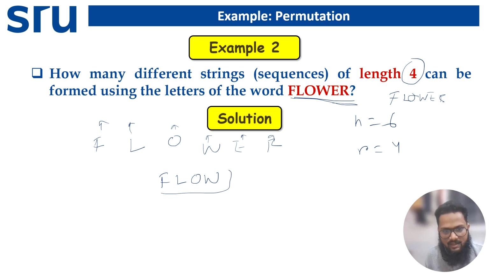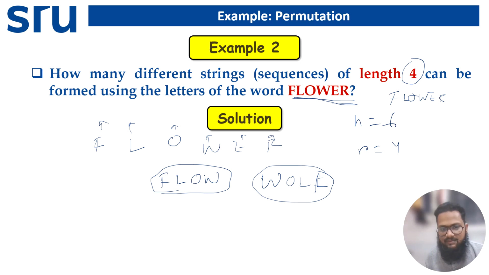This is one kind of string of length 4. Now with the same letters we write WOLF, for example, wolf. You can see the same letters are being used, but the order gives a different meaning. So that's why order is important here. Yes or no?